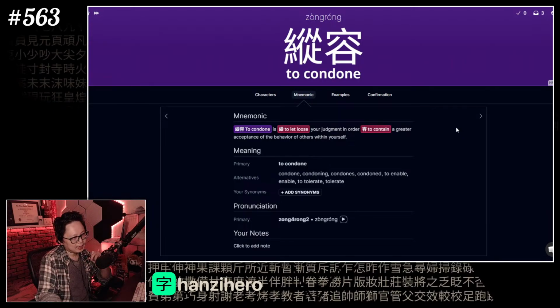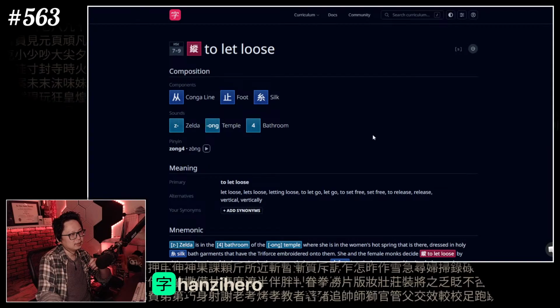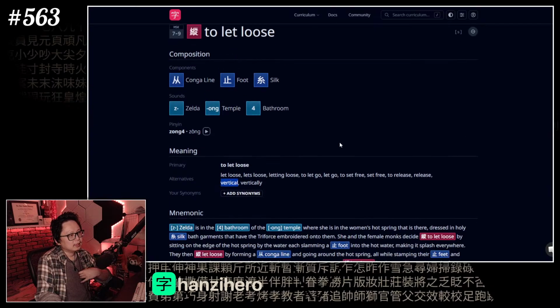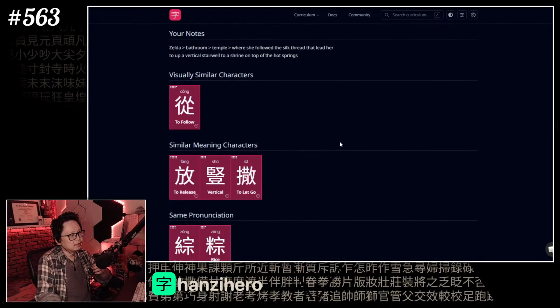Ooh. Loose containment, yeah, to tolerate. Fair. I don't know how I got how Zhong worked. Oh, they redefined it. Because all I could think about is vertical. Oh, okay, so this got redefined. Interesting.